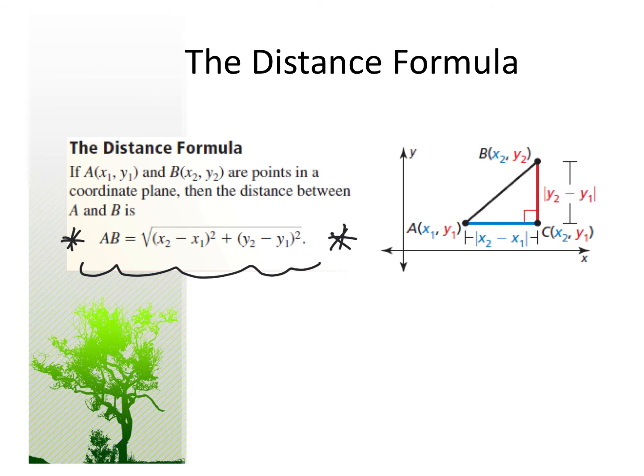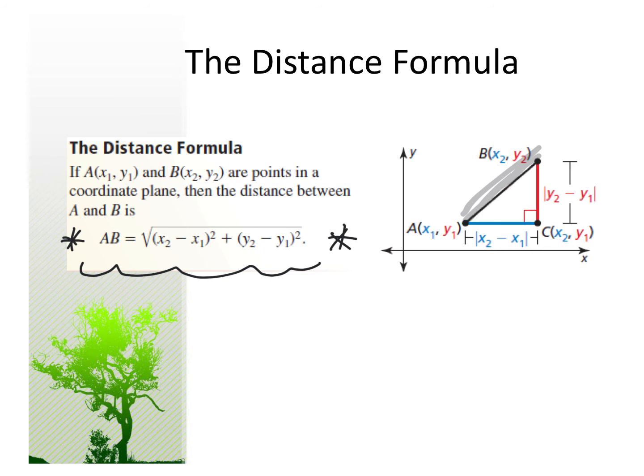Now, when your lines are horizontal, like the blue line in that triangle, or vertical like the red, we could just count the little squares in the graph. But when the line is diagonal, like this one pictured here, we need to use the distance formula to find the length from A to B.